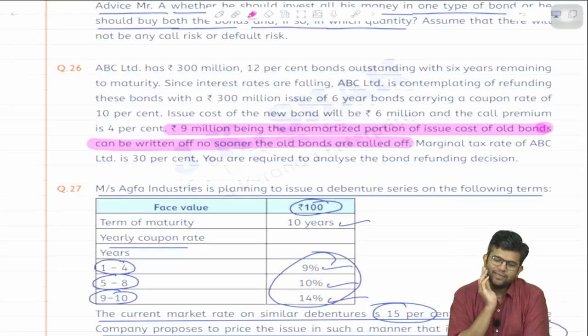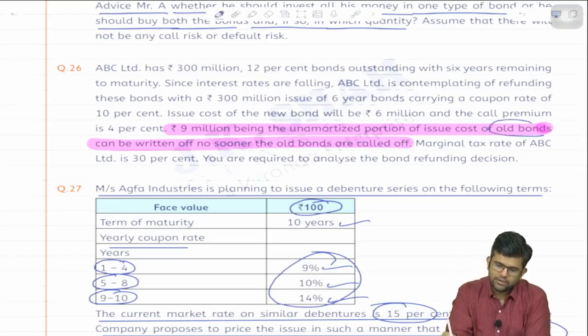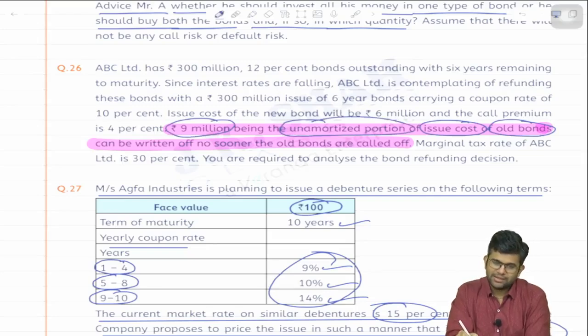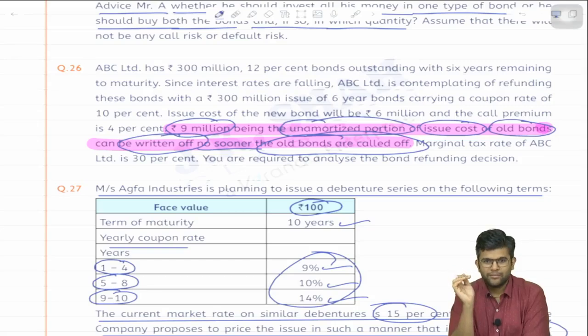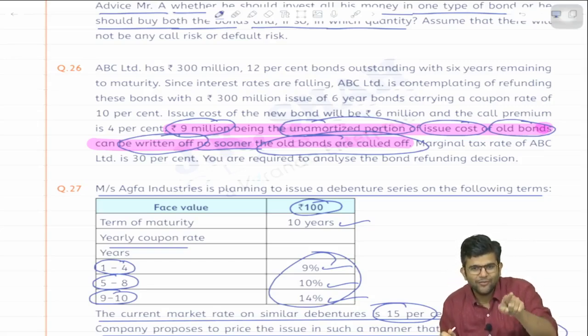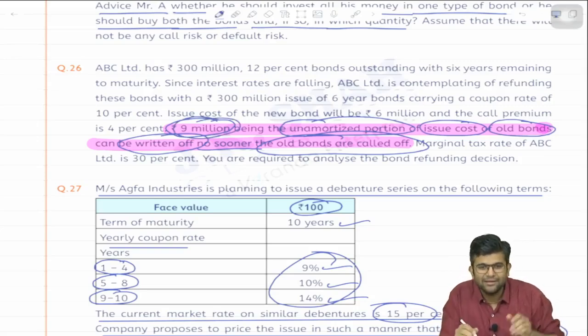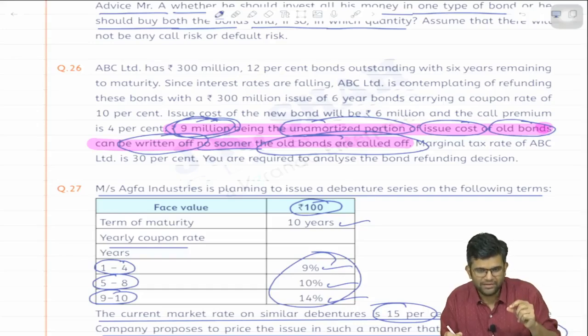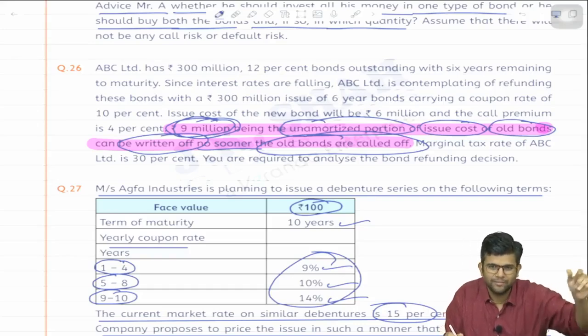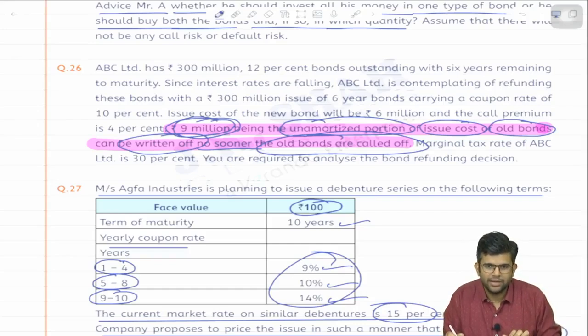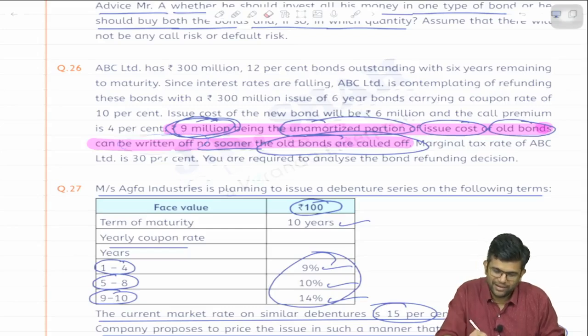They are saying that the old bonds' flotation cost of 9 million is still unamortized. That entire thing will be written off, meaning we will recognize the whole thing as soon as we refund the bond. But the hidden entry here is, if you don't refund the bond, then this 9 million will continue in its amortized form. You are able to understand? The 2.7 million, that is 30% of 9 million, you will get in amortized form. Clear?